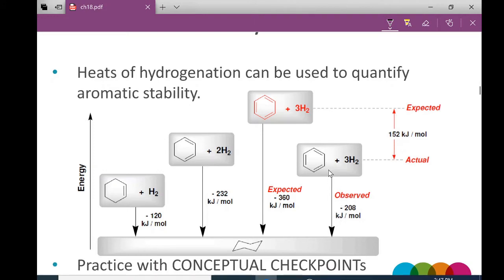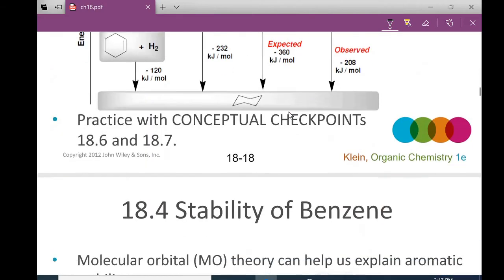The difference between benzene and this theoretical cyclohexatriene, if we were able to hydrogenate all three of those double bonds in that molecule, is 152 kilojoules per mole. That's the theoretical stabilization energy for benzene. So it's that much more stable than it would be if it were not aromatic.